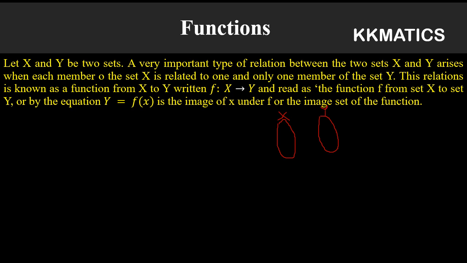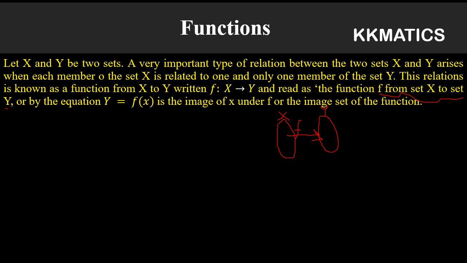So with that being said, we have our function, and this function is an f function mapping from x to y, and this is read as the function f from set x to set y.